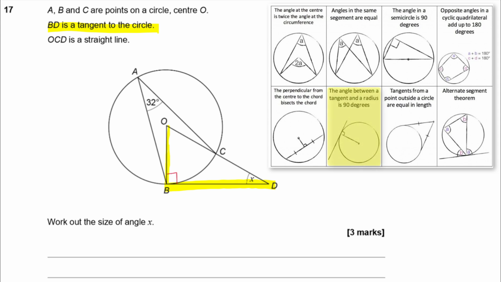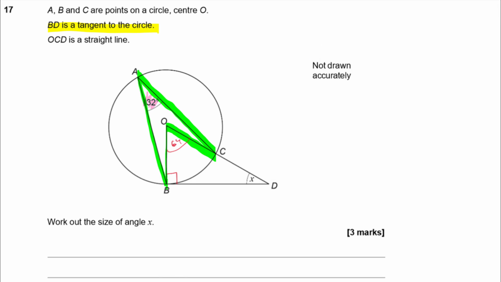So those two lines must always be at a right angle. Now the second circle theorem that I can use is the fact that the angle at the center is twice the angle at the circumference, like that. So that angle there being 32, if I double it up, then I'm going to get the angle here, which must be 64.